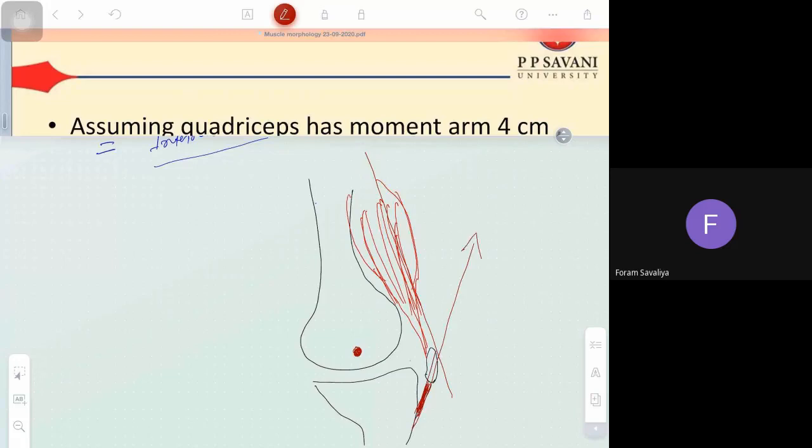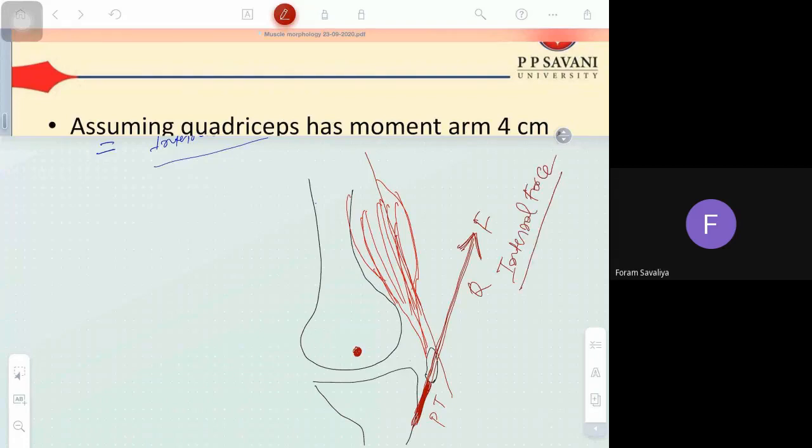The function of the anatomical pulley, sometime we will discuss later. Always the force production of the quadriceps will be parallel to the patellar tendon. Clear? So what is the moment arm? This is the force, called the internal force.